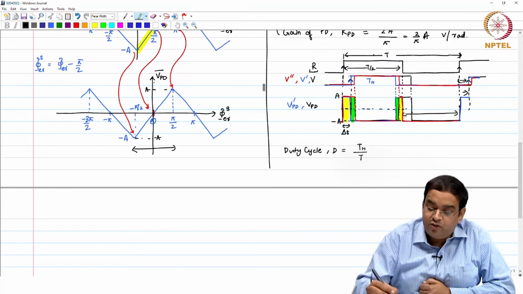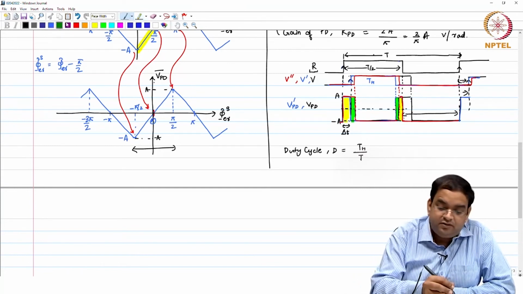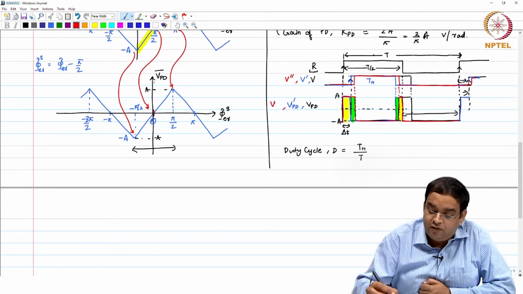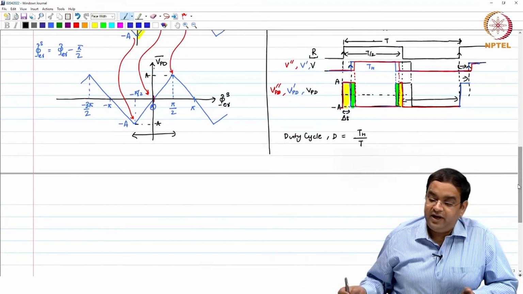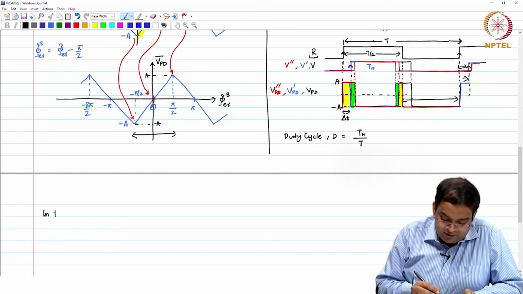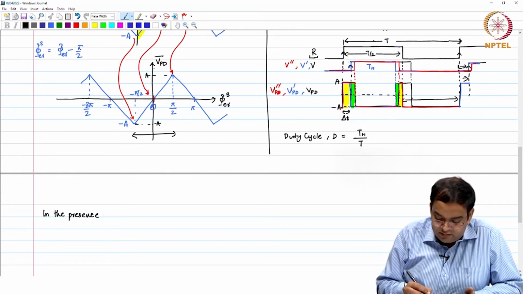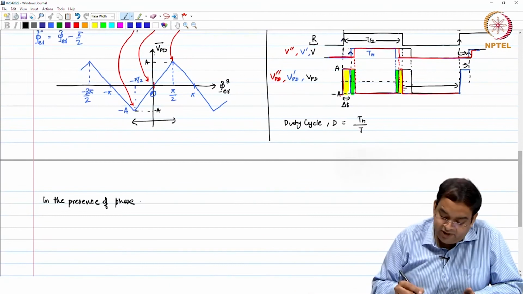Okay. So, for two cases what I have discussed here, the one for V_PD dash and the one for V_PD double dash. Okay. So, the point is the following: in the presence of phase error, we will calculate the equation with equations later, but just first understand what is happening.